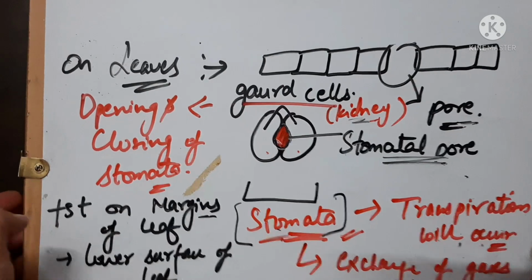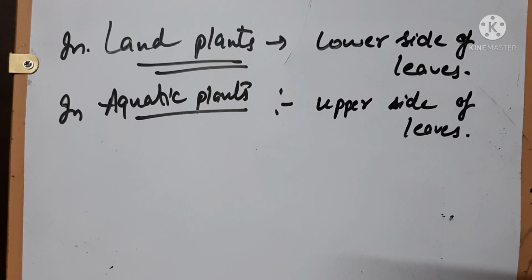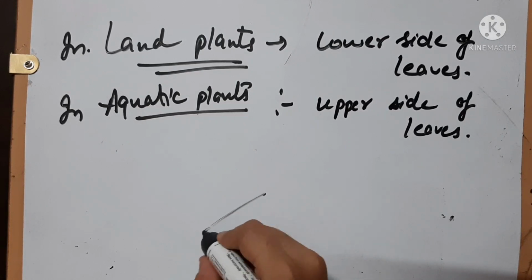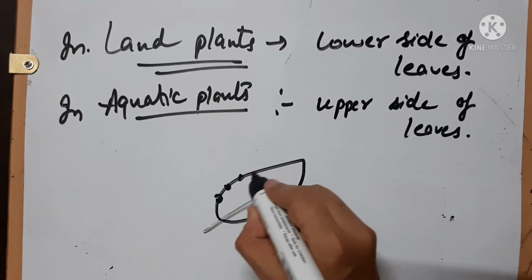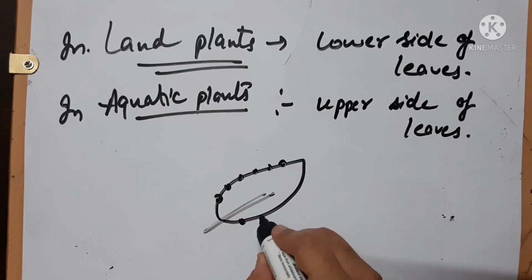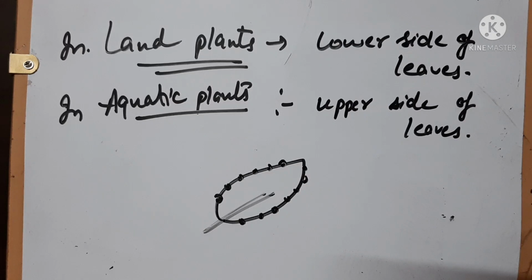Then हमने देख लिया अगर aquatic plants हैं तो स्टोमेटा कहाँ प्रेजेंट होंगे? अपर साइड पे लीव्स के. और अगर लैंड प्लांट्स हैं तो स्टोमेटा कहाँ पे प्रेजेंट होंगे? लोअर साइड पे. अगर ये लीफ है तो इसके मार्जिन्स पे क्या प्रेजेंट होंगे? स्टोमेटल पोर्स. मार्जिन्स पे क्या प्रेजेंट होगा? स्टोमेटल पोर्स. अपर साइड पे अगर एक्वेटिक प्लांट है, लोअर साइड पे अगर लैंड प्लांट है.